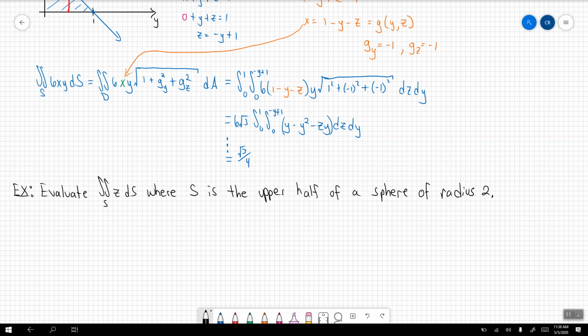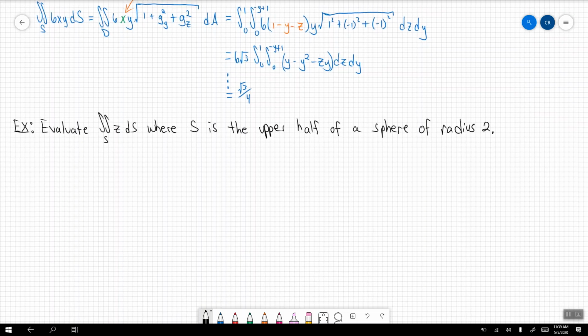Now, because they're giving us that the upper half of the sphere is the surface that we're going to be observing, what I naturally want to do is parametrize this using spherical coordinates. So we want to use a spherical parametrization.